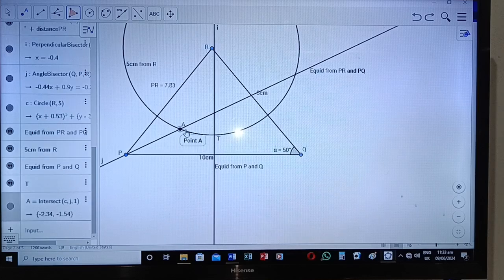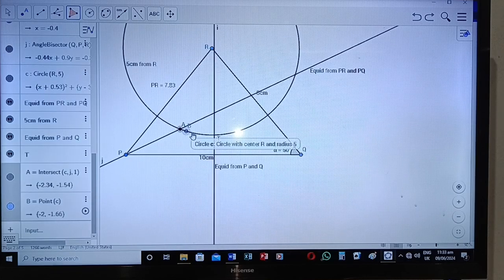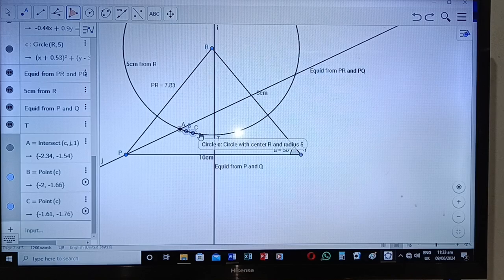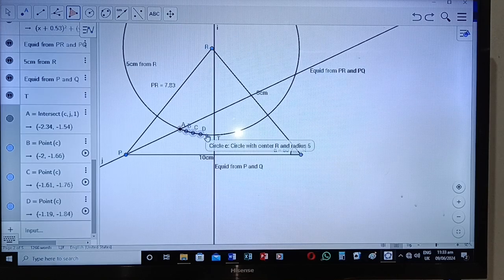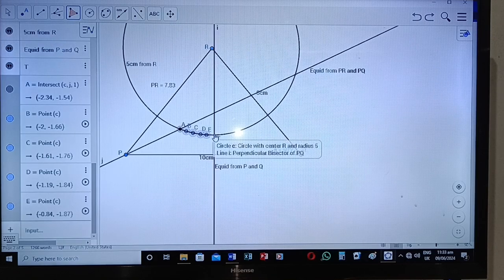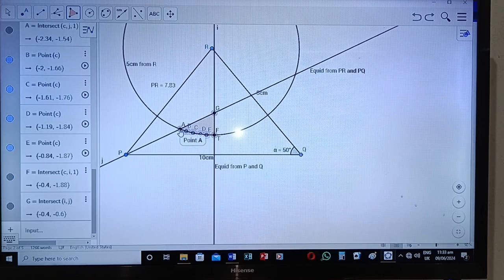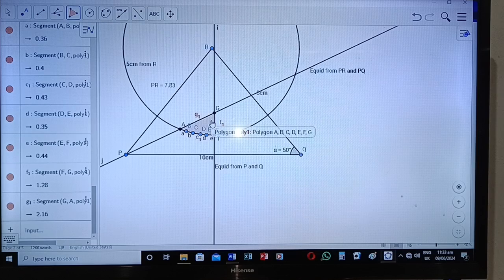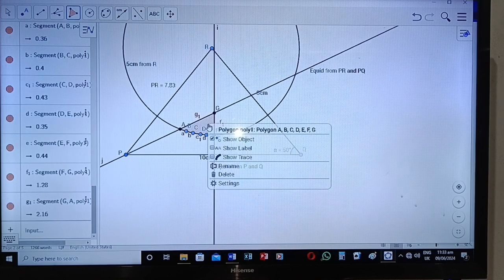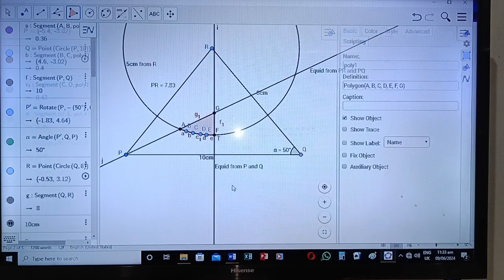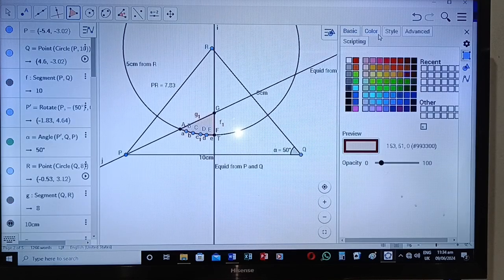We start shading, first putting the boundary of the region we want to shade. Okay, we want to shade this region, and we can actually change the color of that region.